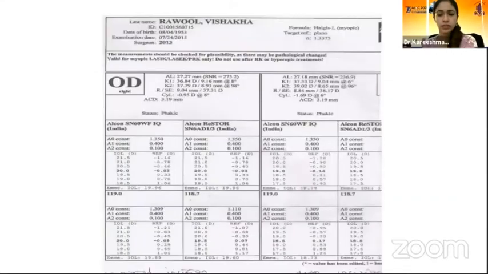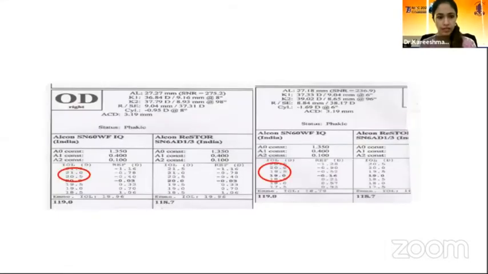Now, when I got her IOL Master done, what I'm trying to highlight is that the first value on the right eye for an IQ lens was 20.0, and 20.5 showed me a myopic overcorrection of -0.4. In the left eye, 19.0 is what the IOL Master was suggesting.